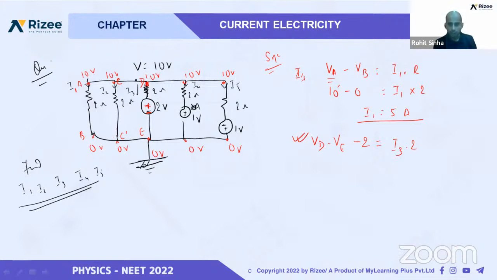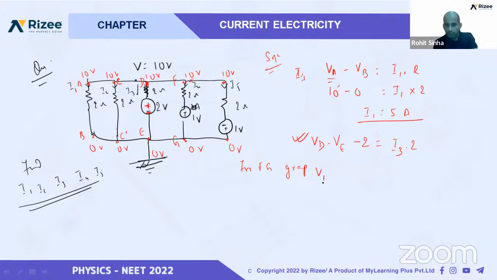Similarly, for this branch also, let us suppose F and G. I am writing for the FG branch. You see, for the FG branch, I can write like this also. You can see here it is 10 volt.